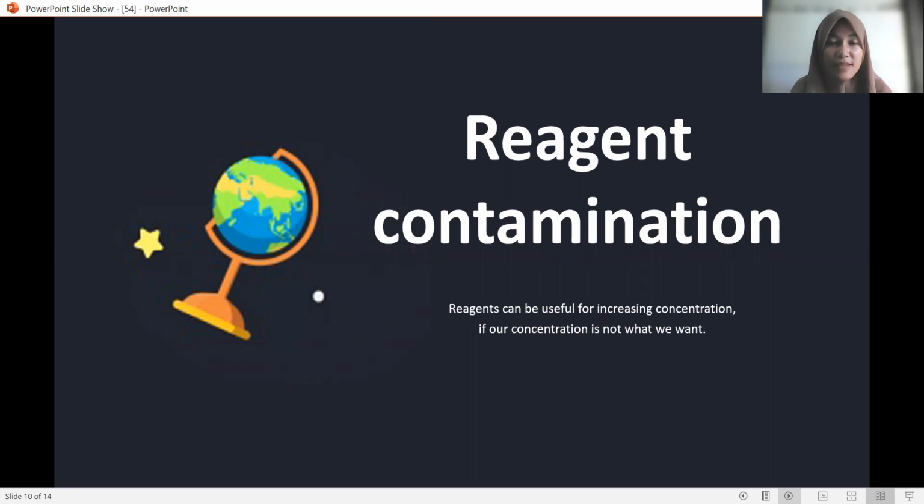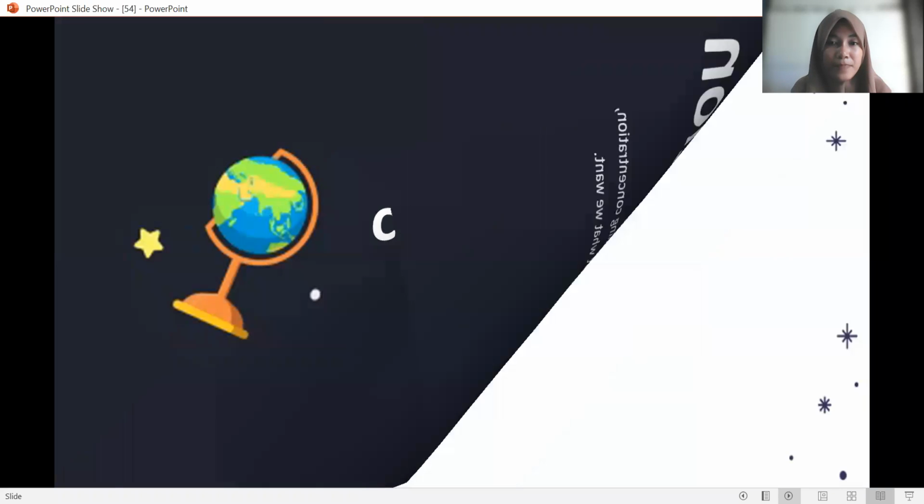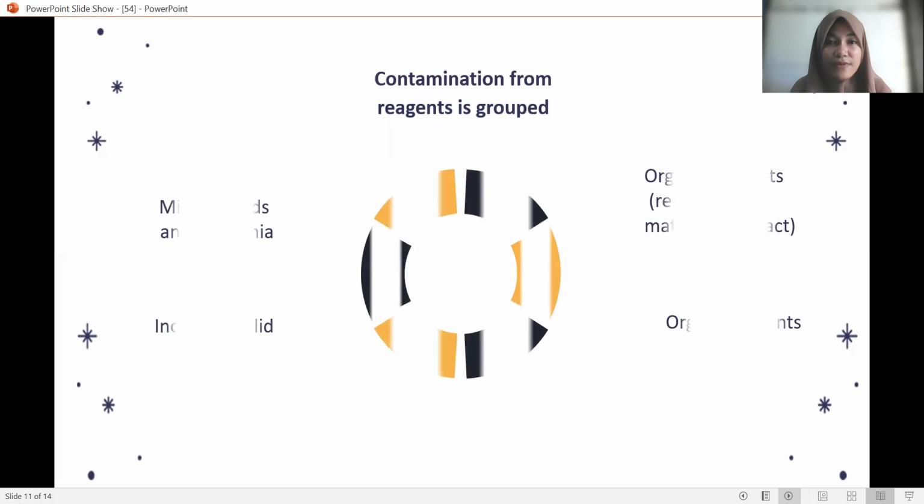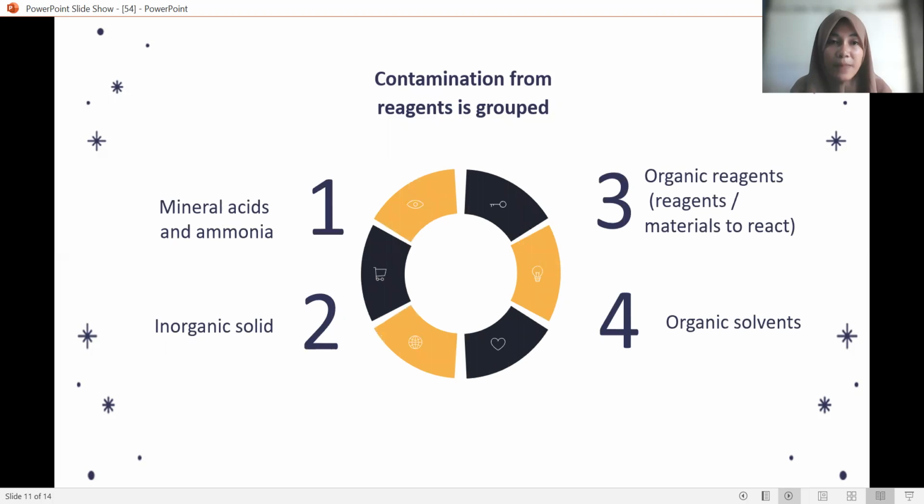Reagents can be useful for increasing concentration, if not, what's the one we want. Contamination from reagents is grouped into: 1, mineral acids and ammonia; 2, inorganic solids; 3, organic reagents or materials to react; and 4, organic solvents.